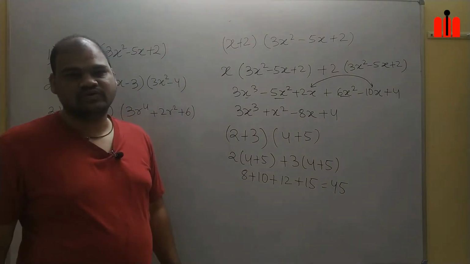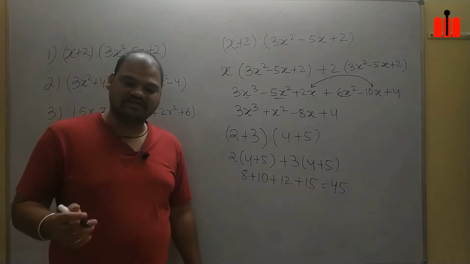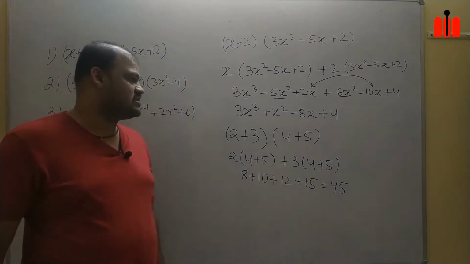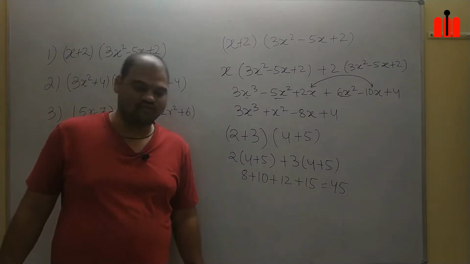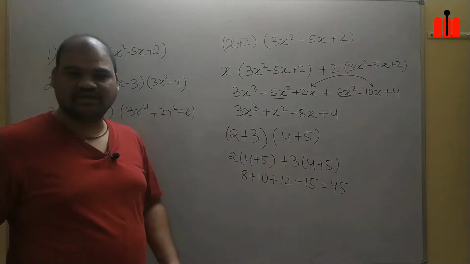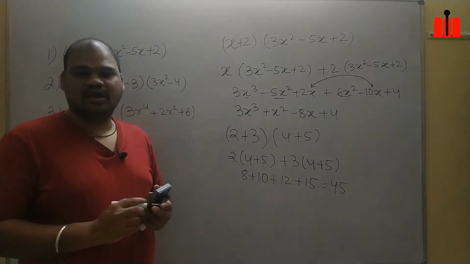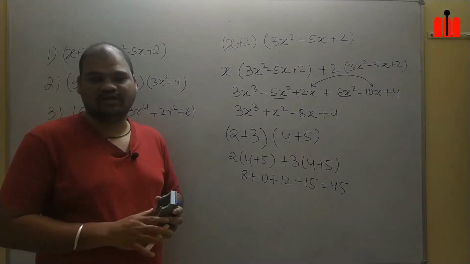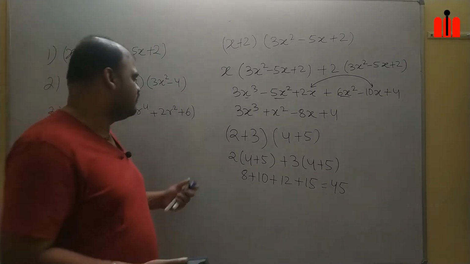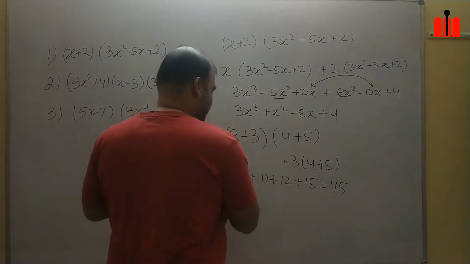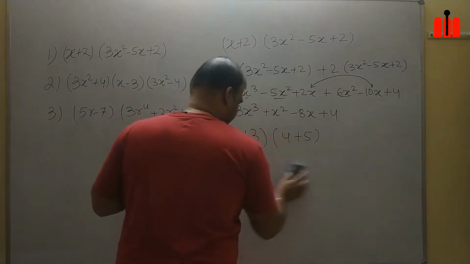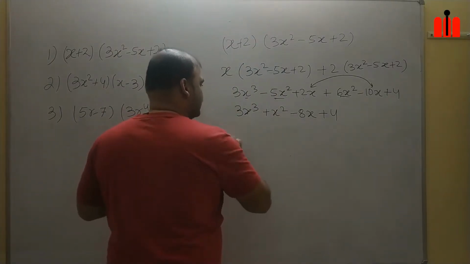It is not an equation, it is an expression. So 3x cube plus x square minus 8x plus 4. We got this expression at last. Are you getting it? This is how we have to multiply the polynomials. We will do the similar thing in the second question. Let's go on to the second question.